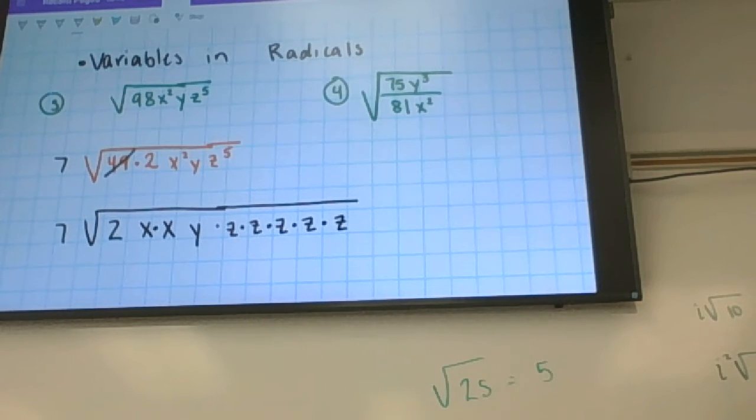So if you're square rooting something squared, they cancel, leaving just that value. So like the square root of x squared, the radical and the exponent cancel, leaving just x. They're opposites. It's like adding and subtracting at the same time. Square rooting and squaring at the same time, inverses. They cancel each other out. So every group of 2 can be simplified.